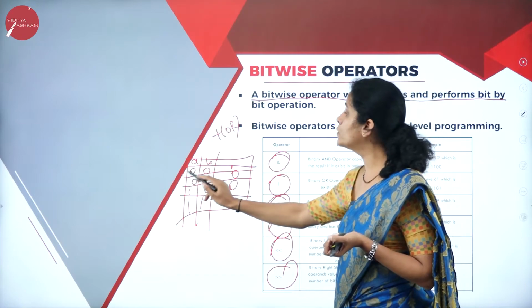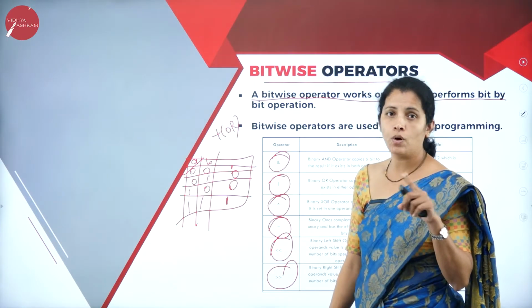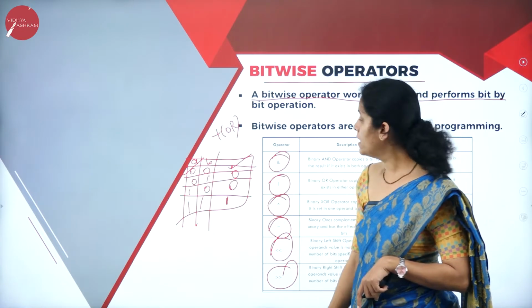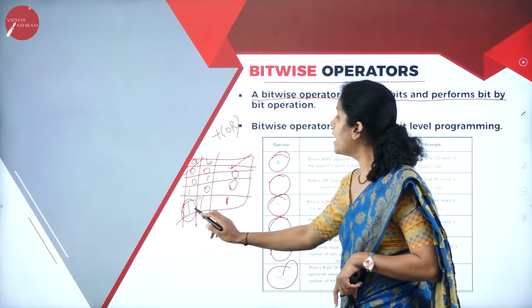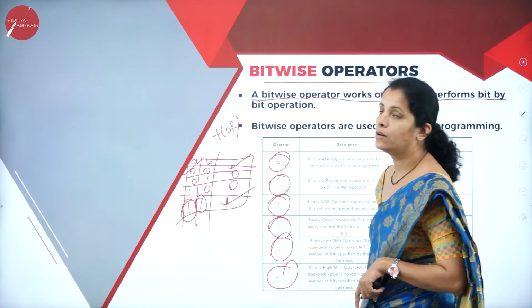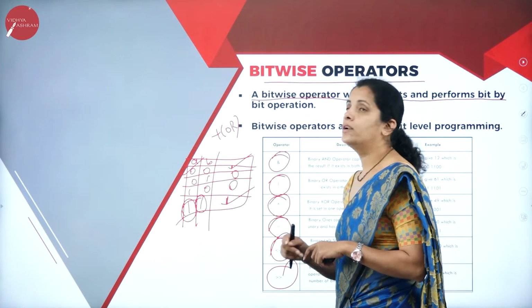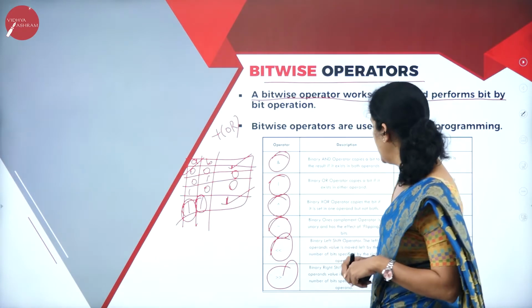So here I have 0 and 0, for that reason I'm going to write the value 1, and here it is 1 and 1, so I'm going to write the value 1. So this is the output for your XOR table.